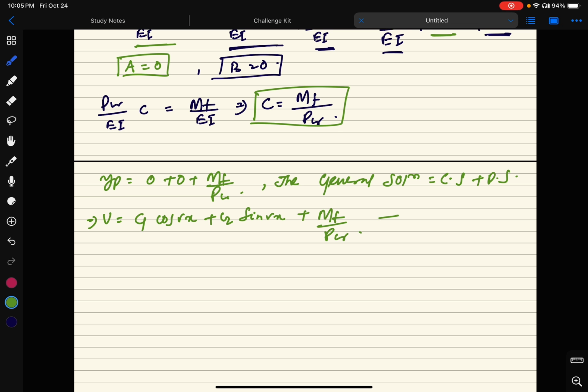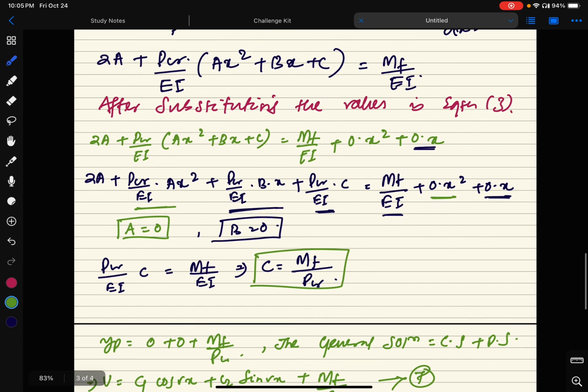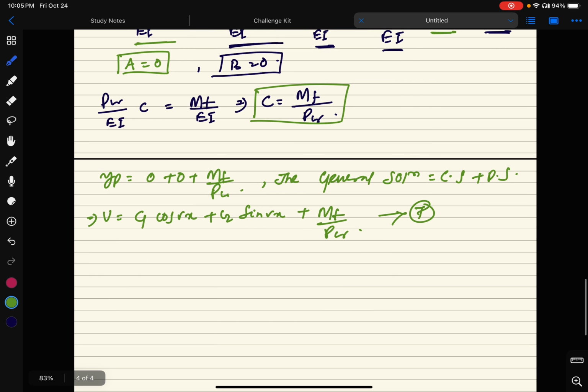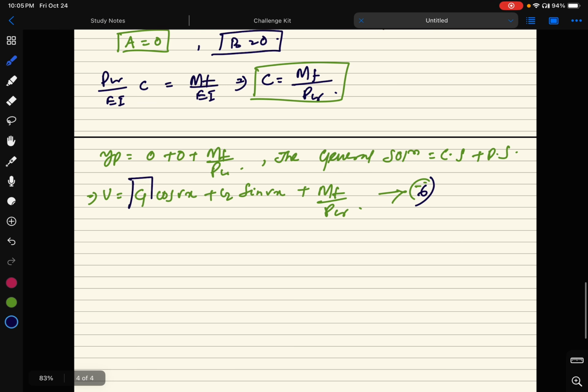So this is equation 7 or 6. Now in order to find out the coefficients c1 and c2, we'll apply the boundary conditions.